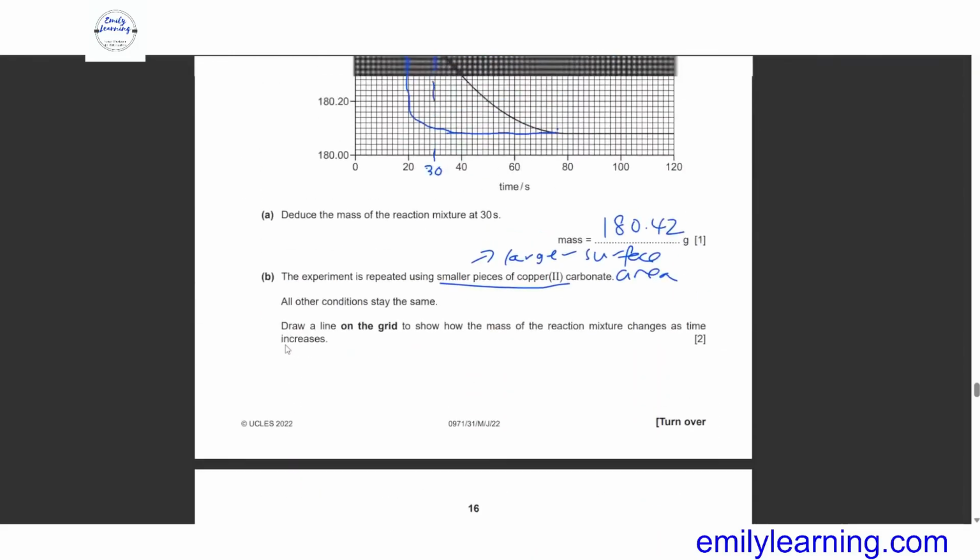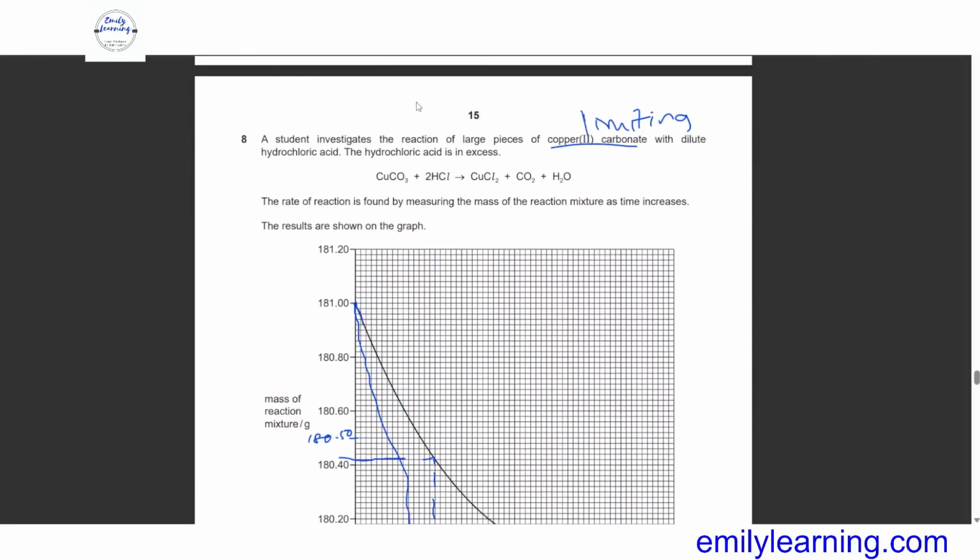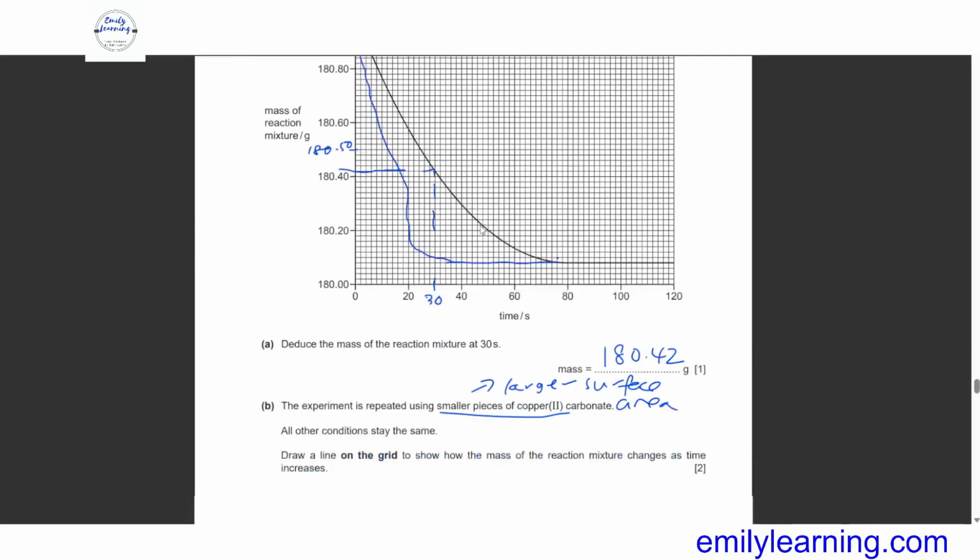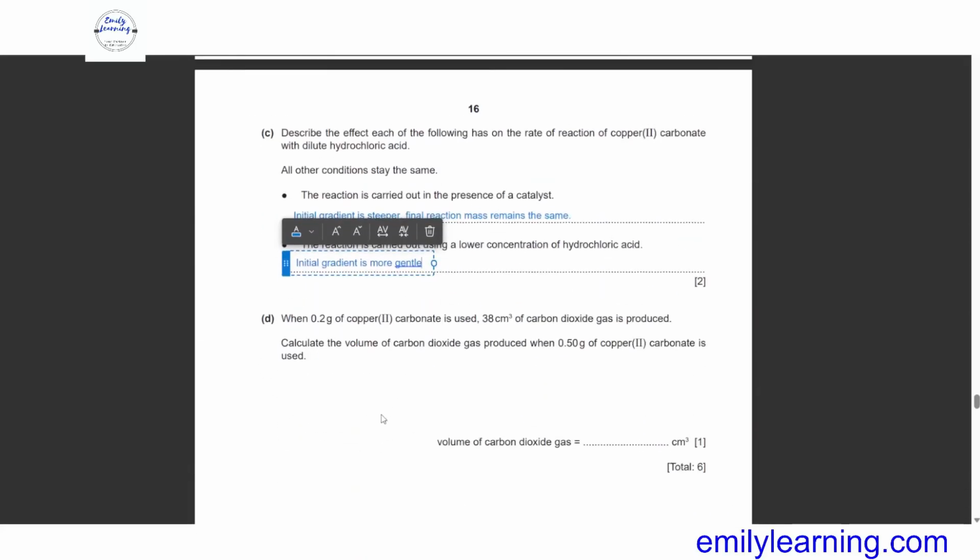What you need to note is that hydrochloric acid is in excess. So if you use something with a lower concentration while having the same volume, although you use fewer moles, the amount of CO2 produced will still be the same. Then the final reaction mass remains the same.